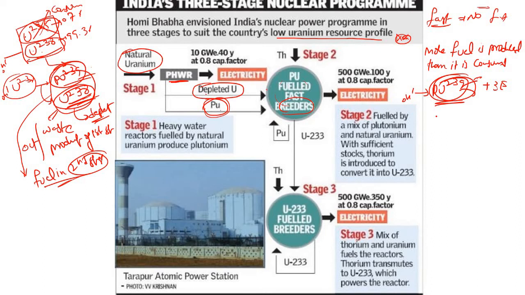In this process, we already saw that a mixture of plutonium-239 and uranium-238 is used as fuel rods in this second stage.